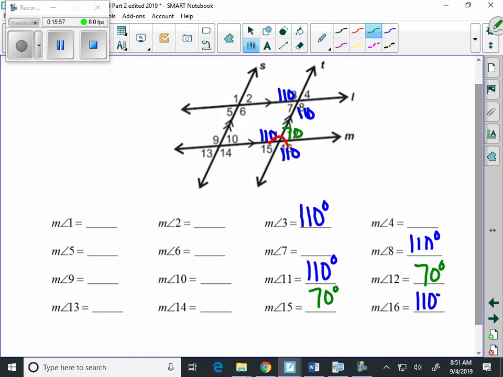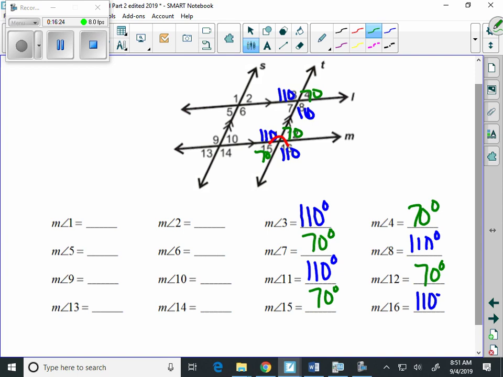So the top of the parallel line and to the right for angle 4, if I can find it, is also 70. So here's 70. Angle 4 is vertical to angle 7, opposite angles there for the vertical. So here is 70. And I didn't write down the 15, but there's that.